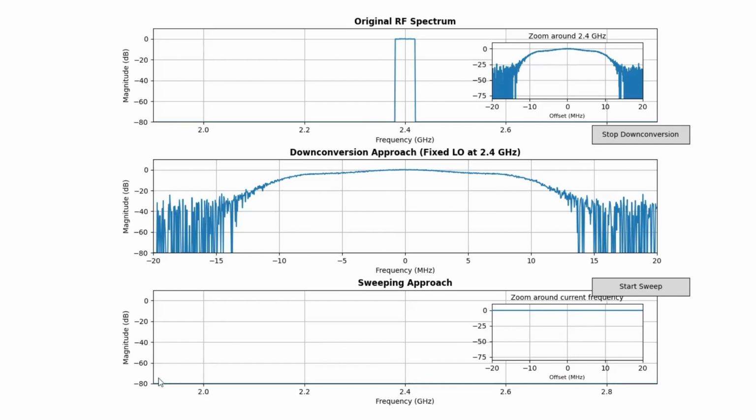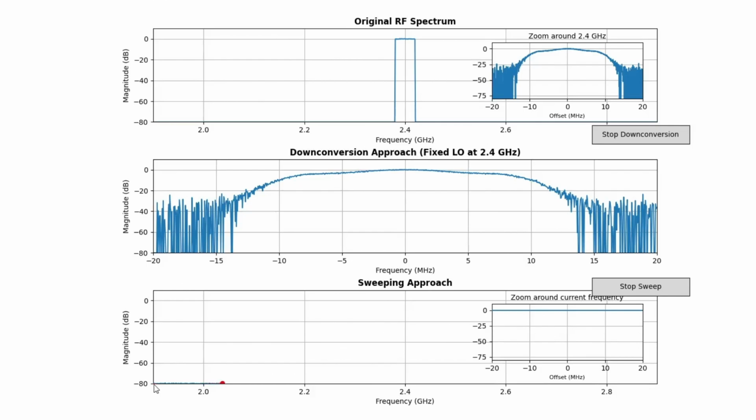What happens is that essentially when we are sweeping every 1 megahertz steps, we are measuring the power of the signal at that frequency. Let me illustrate here. I say start sweep.